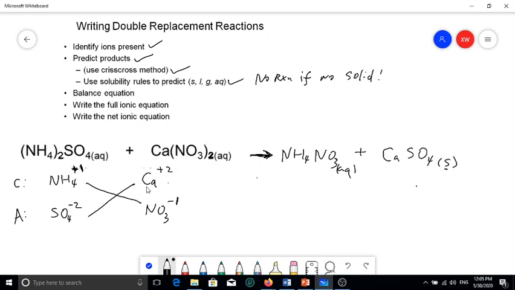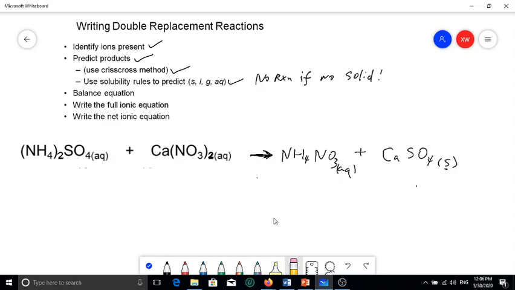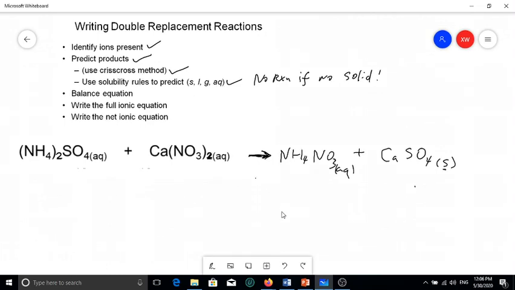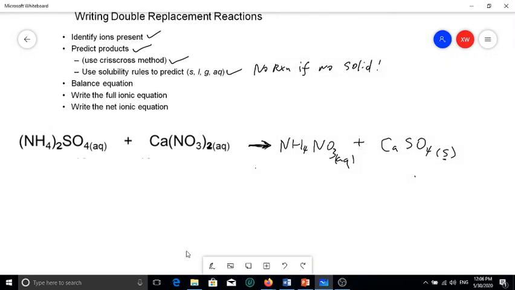Okay, so next one will be to try to balance the equation. Now again, when you're trying to balance the equation, ideally you want to balance every single element. There are so many different elements in this case: nitrogen, hydrogen, sulfur, oxygen, calcium, and here are nitrogen and oxygen again.